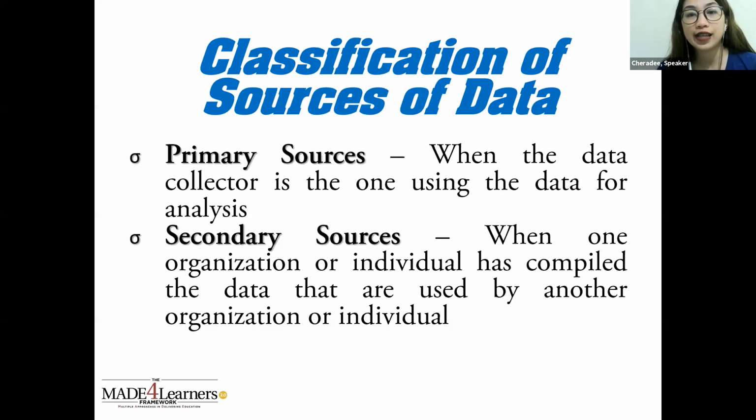However, the advantage of secondary sources is that it's easier for you to analyze because the data is already given to you. It does not take time because you just have to analyze whatever data is given. But the advantage of the secondary is the disadvantage of primary. It takes time to gather data if you are the one who will have to collect the data for yourself. So those are the pros and cons of the two.